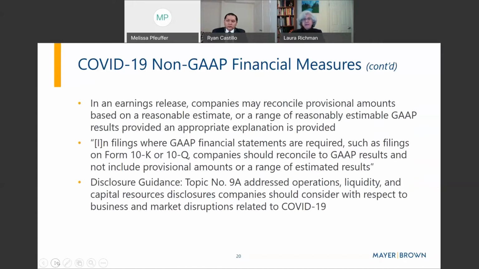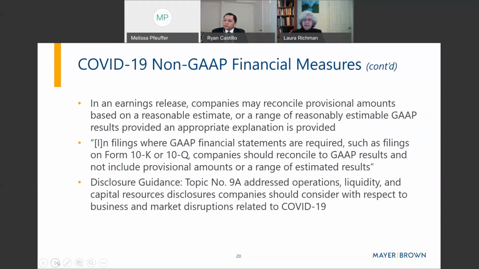But that particular guidance and no action position only applies to the earnings release. For SEC filings such as a 10K or a 10Q, where GAAP financial statements are required, companies would have to reconcile any non-GAAP financial measure to the actual GAAP results and not to provisional amounts or a range of estimates.